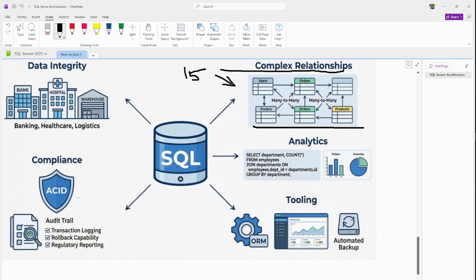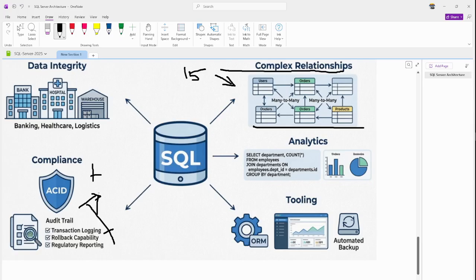Now we have something called compliance and audit trails. Because SQL databases are transaction heavy, they keep detailed transaction logs. This is essential for industries that must prove who changed what. For example, healthcare regulation like HIPAA requires that any change to a patient's medical data should be logged.